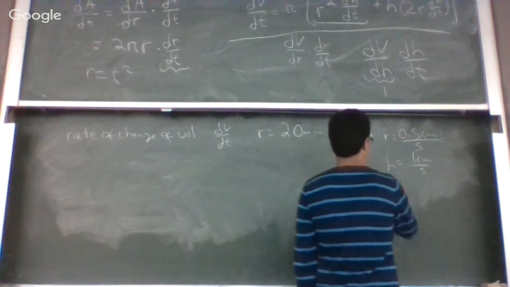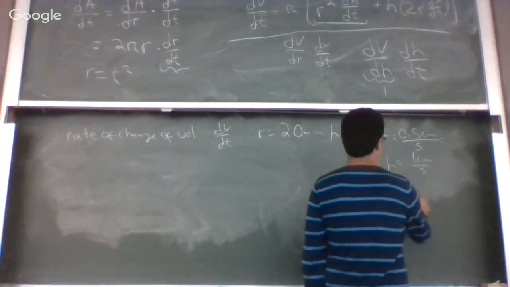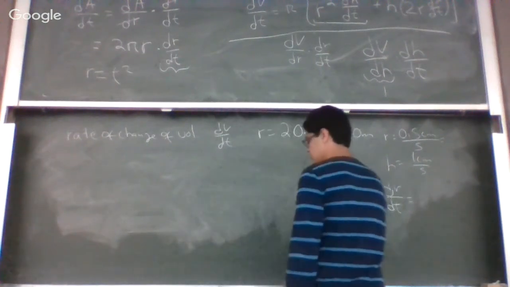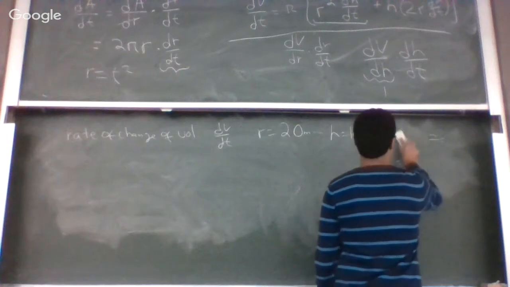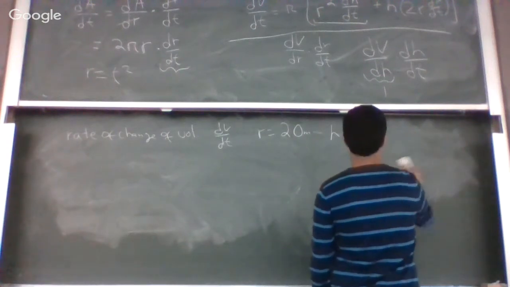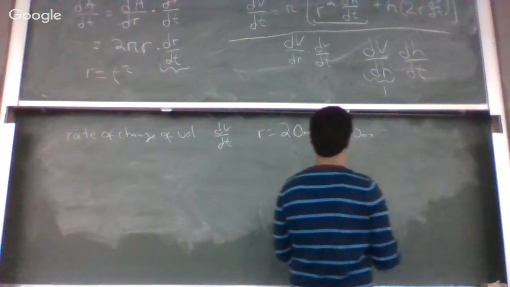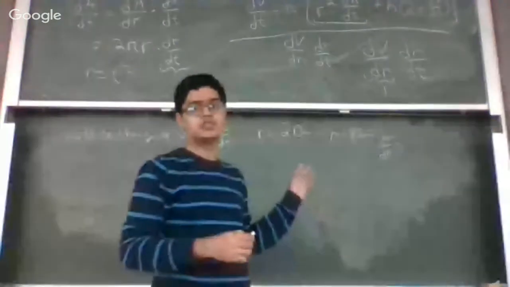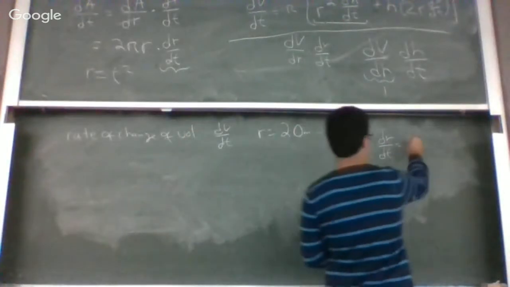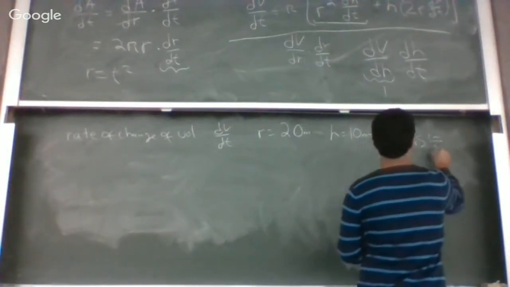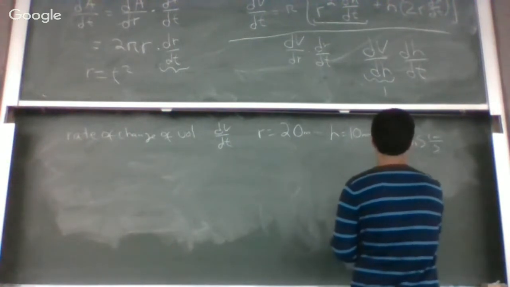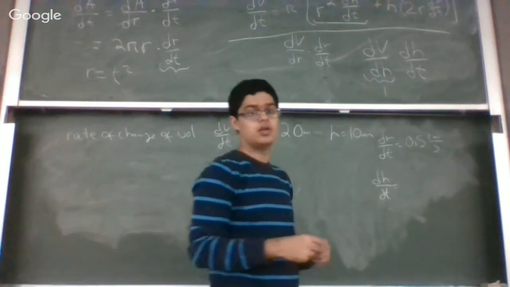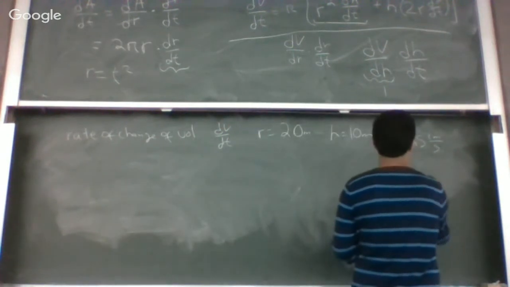Let's remember, dr dt, the rate at which R is changing, is 0.5 centimeters per second. dh dt, the rate at which H is changing, is decreasing at 1 centimeter per second.